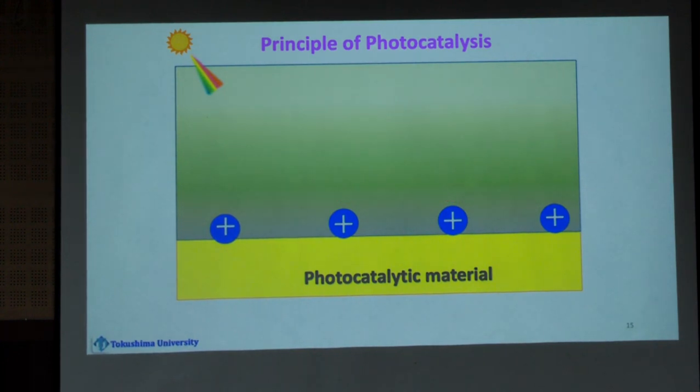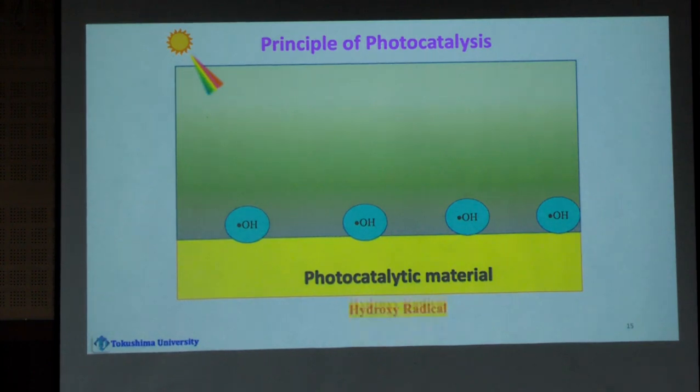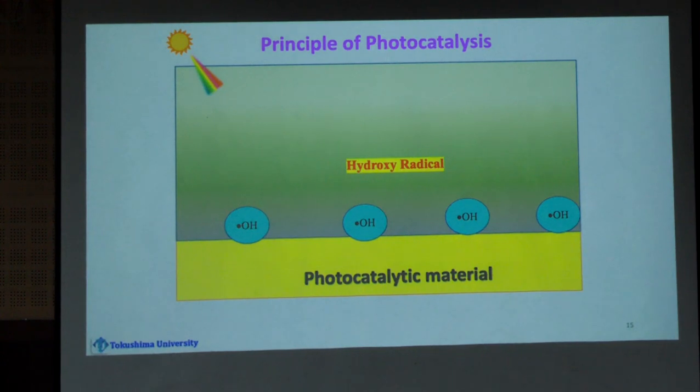Then the remaining hole, this is very important. For the remaining hole, we have water also. So the remaining hole can react with H2O and create OH radical. This OH radical is named hydroxyl radical. So this hydroxyl radical is the real component that decides the performance of the photocatalyst.